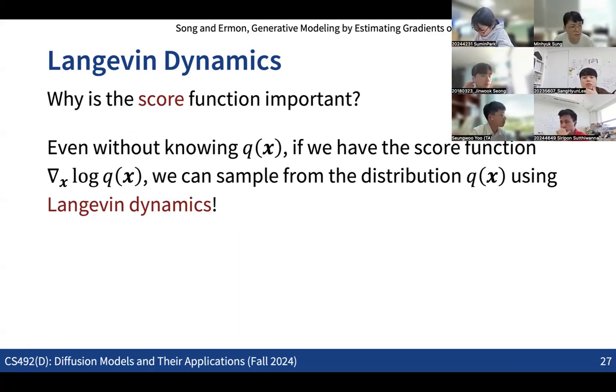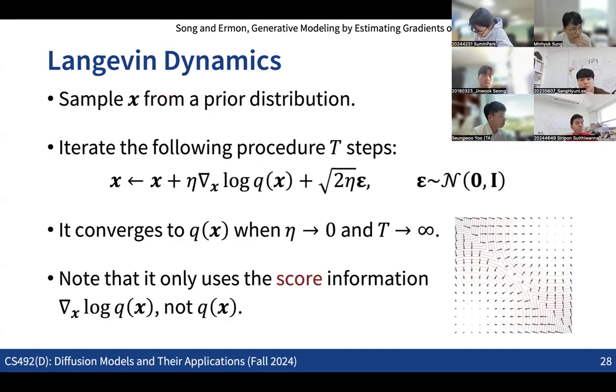The basic idea of Langevin dynamics is very simple. The way that we sample data points, without knowing the probability distribution but only using the score function, is this way.